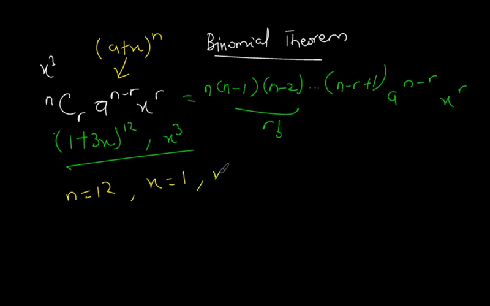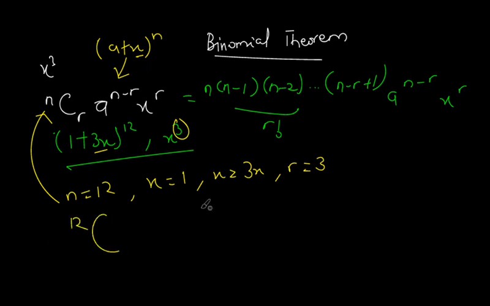Then our x will be 3x, so the x here corresponds to the 3x. Then our r is equal to the 3 they are talking about, so it's 3. Using this, let's put all of this into the formula, and we have 12 combination what?